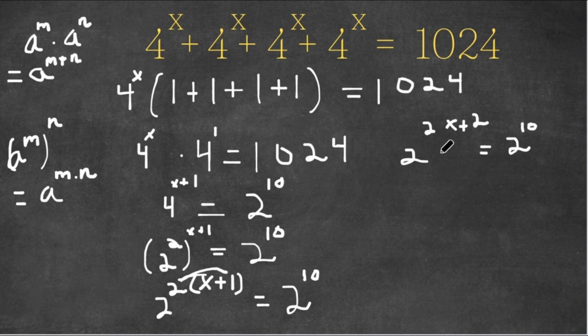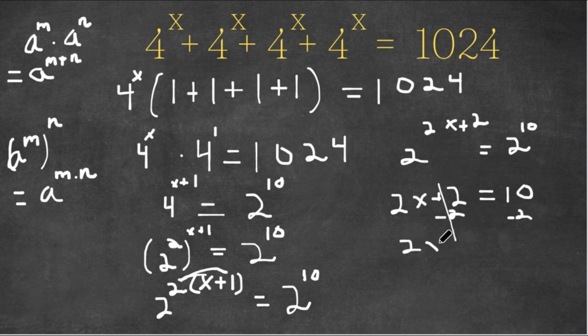Now, if you notice, both our bases are the same, meaning our exponents have to be the same as well. So that means that we have 2x plus 2 is equal to 10. Now, if we subtract 2 on both sides, we get 2x equals 10 minus 2 is 8.